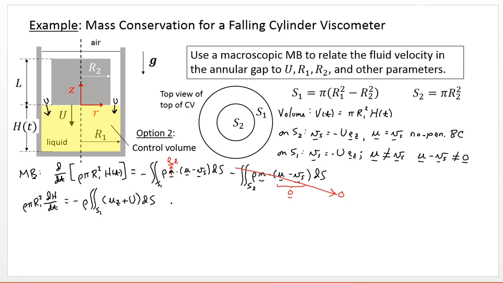And then we can write out this integral in cylindrical coordinates, so we get minus rho times the integral from 0 to 2 pi times the integral now over the annular gap, from R2 at the inner surface to R1 at the outer surface, of (uz plus capital U) r dr d theta.